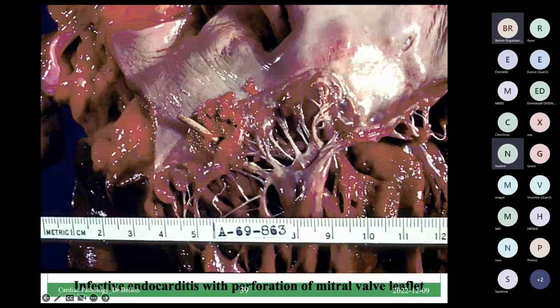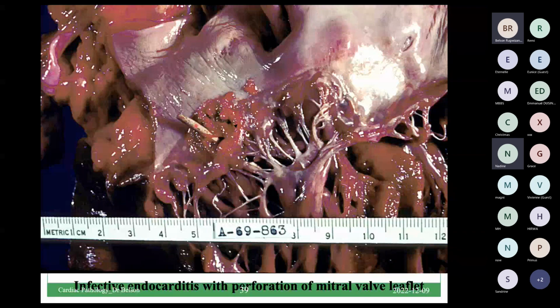So this is the valve. This is how it appears. Nuko ibimeze, so ni nk'imigozi isobekeranye myinshi, ariko kaba gafunze buryo nta maraso apambukamo igihe bitarimo. But here there has been infective endocarditis with perforation.